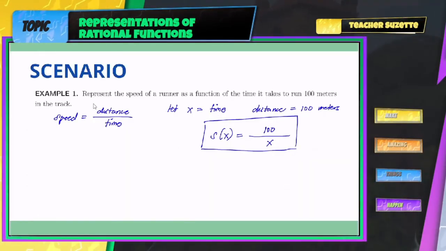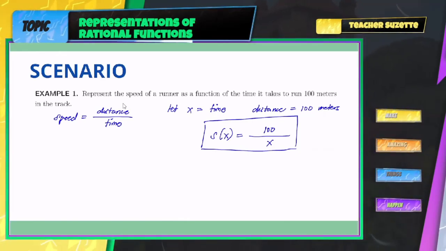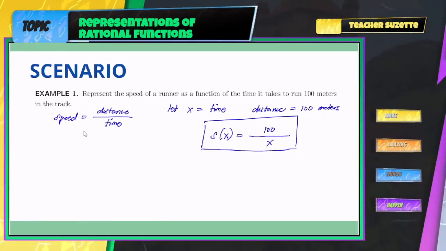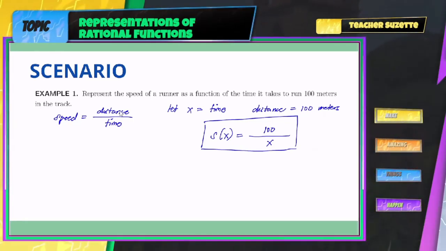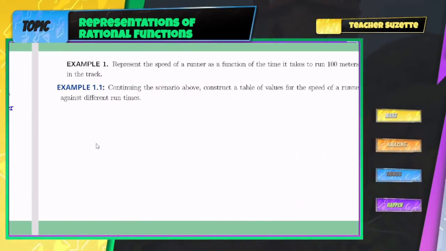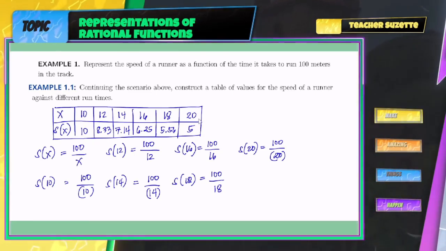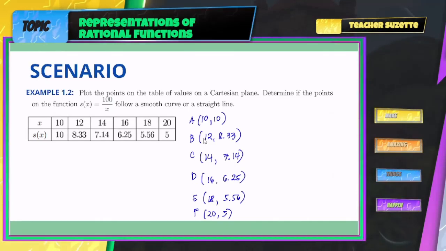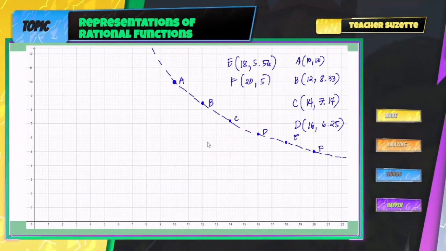So, for our 100-meter dash scenario, we have represented our function in 3 ways. We represented it in an equation. We also constructed our own table of values and even plotted and graphed our points.